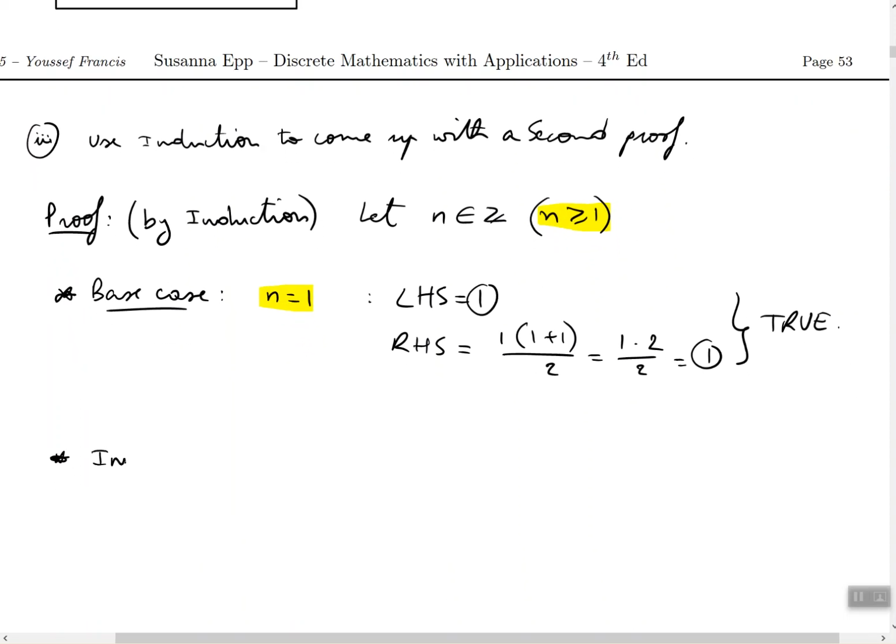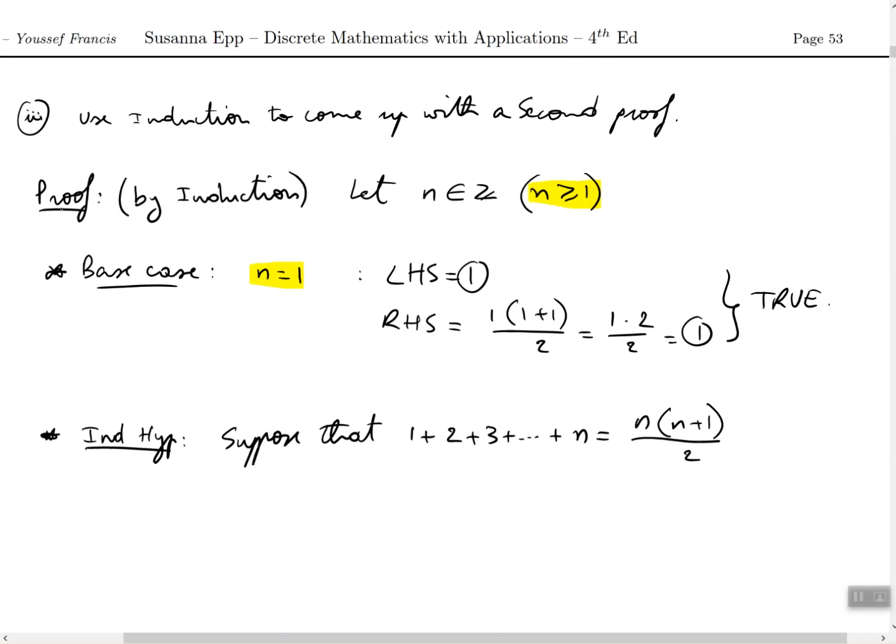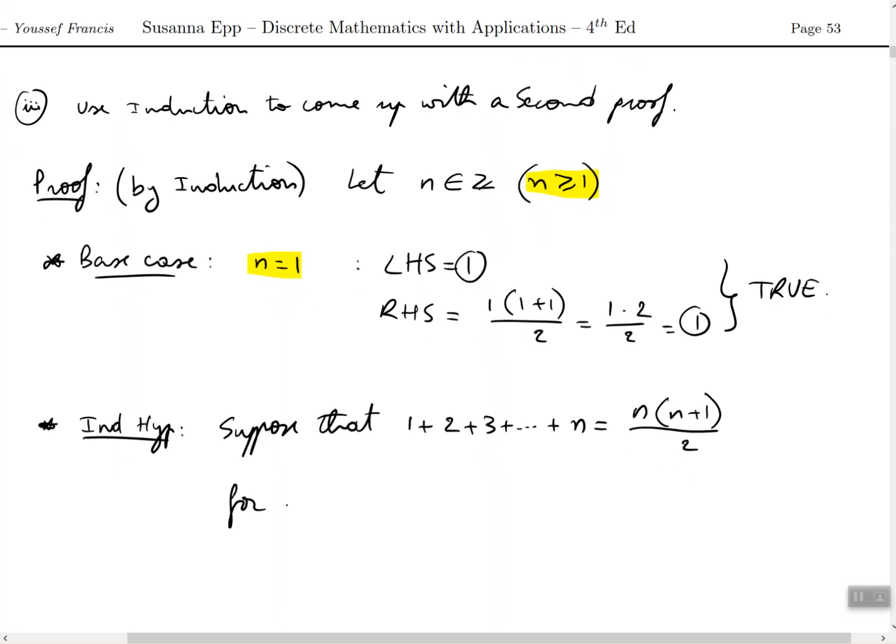In the inductive hypothesis, what we're going to do is suppose that the sum of the first n integers, so 1 plus 2 plus 3 and so on all the way to n, is in fact equal to n times n plus 1 divided by 2 for some random n equal to k.